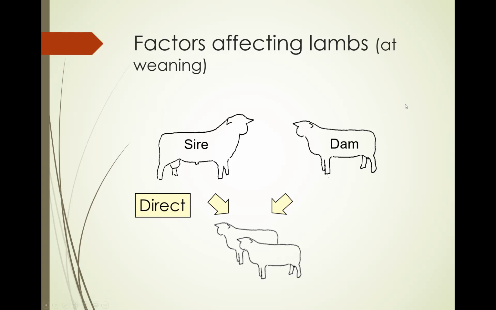But the dam actually does more. She kind of comes around the right-hand side, if I may, and she makes a maternal contribution to the performance of those lambs. That is both a reflection of her own genetic merit for being a mom, and it also reflects some environmental factors that remain permanently with that dam that also contribute to her ability to be a better mother or otherwise.